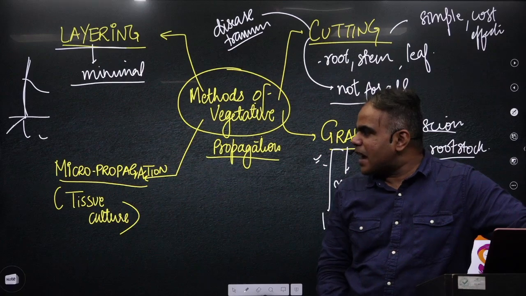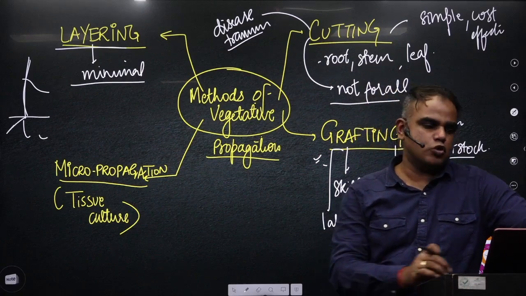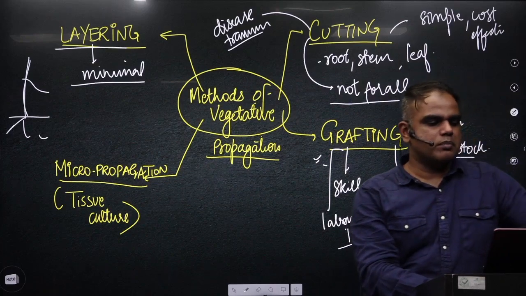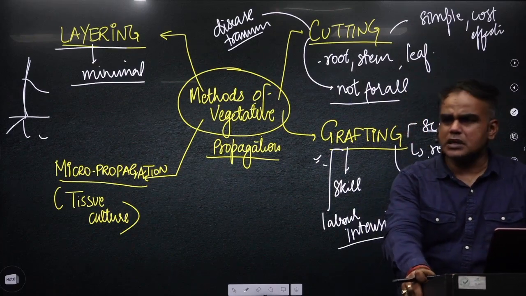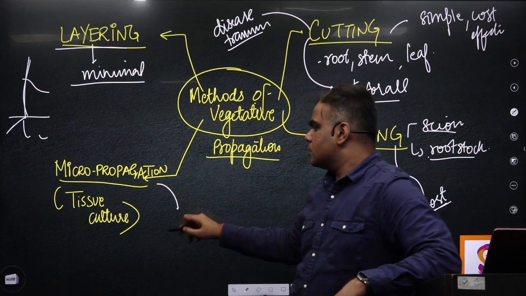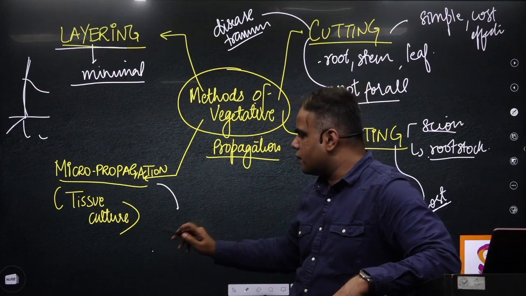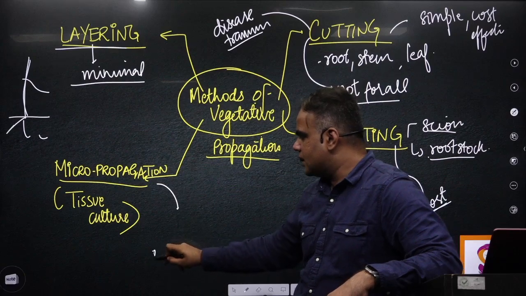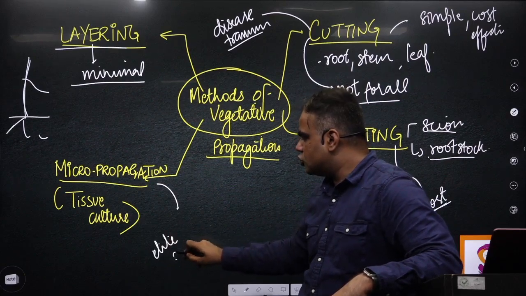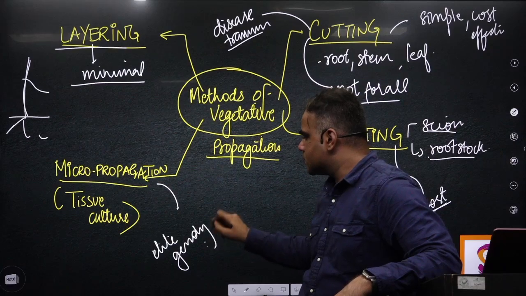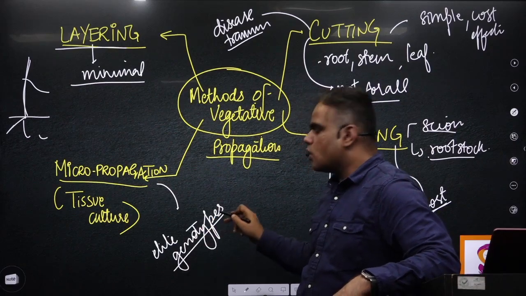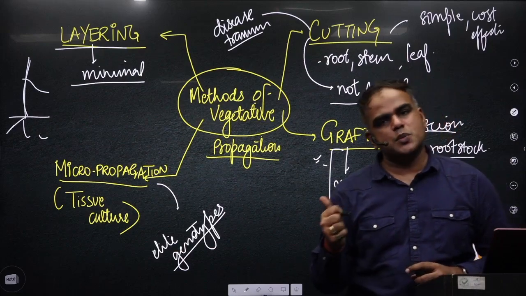And the last thing is micro propagation. So here we can talk about tissue culture. So micro propagation, here if we want a rapid multiplication of superior species, let's say I say elite genotypes, so for multiplication of these elite genotypes we can do so.